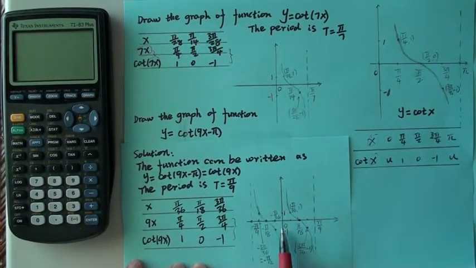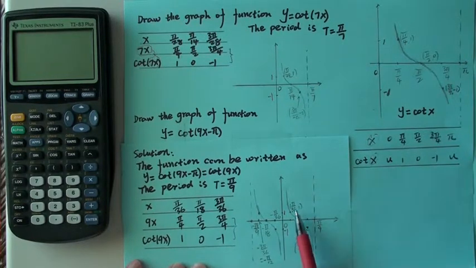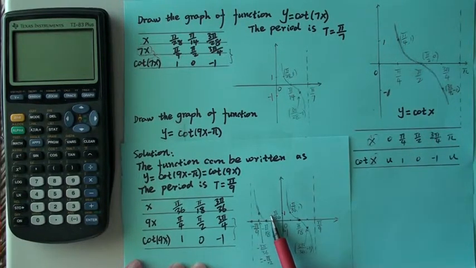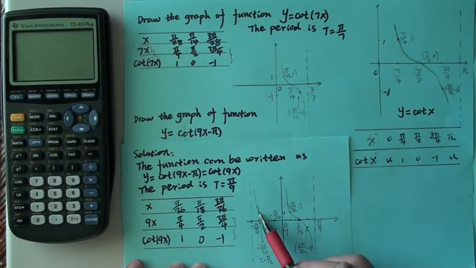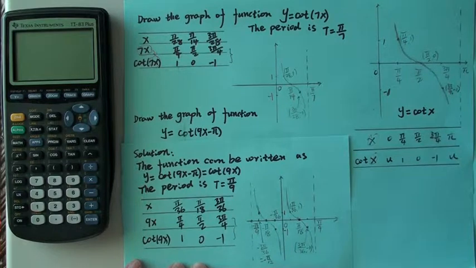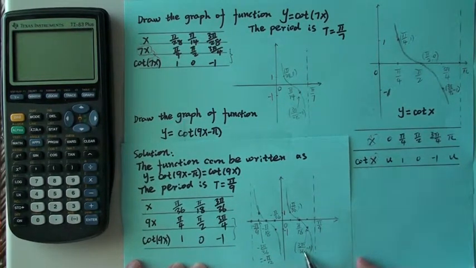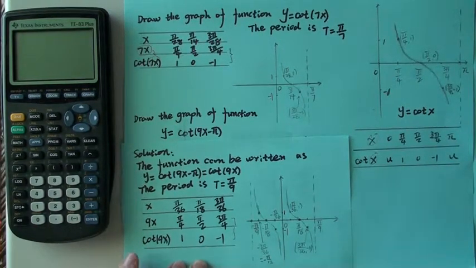Here is the negative side, so pi over 36 here is negative. You may mark this point or this point yourself. Remember, here I put 3 pi over 36, and here is negative 3 pi over 36, which can be reduced to pi over 12. This is your job; you can reduce that yourself.